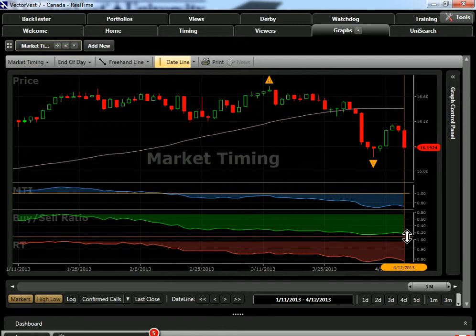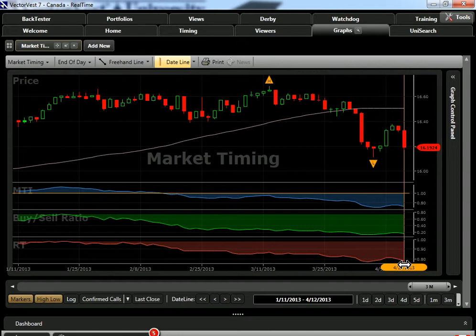With the buy-sell ratio also trending lower, there are fewer and fewer buy recommendations remaining in the Canadian database. And with the RT headed lower as well, the short-term trend is beginning to pick up steam to boot. So with all that information in play, it still makes sense to focus on bearish strategies, strategies that make money when the market is falling.